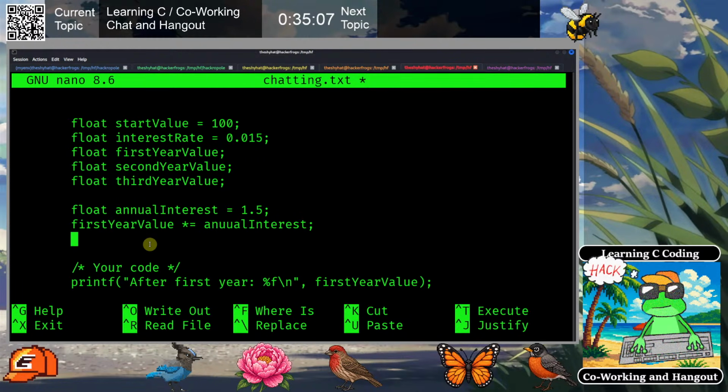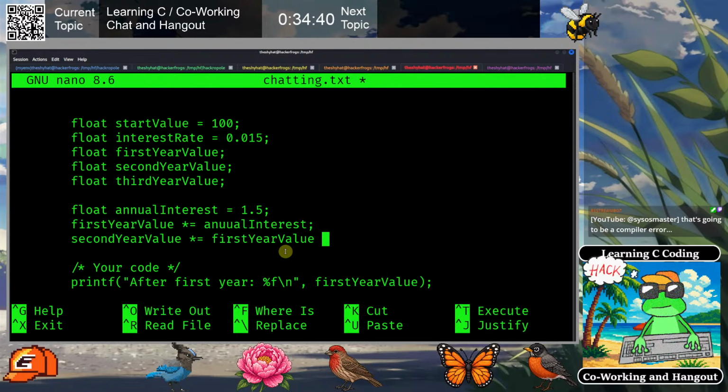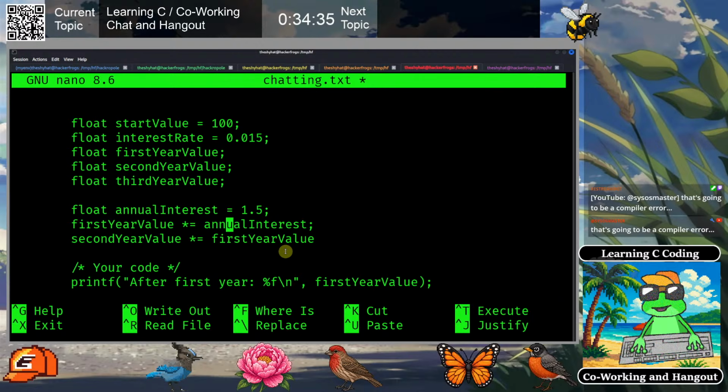So for the second year, value is times equal first year value. It's first year value times annual interest. Wait, did I misspell annual interest? No. Wait, is that how you spell annual?